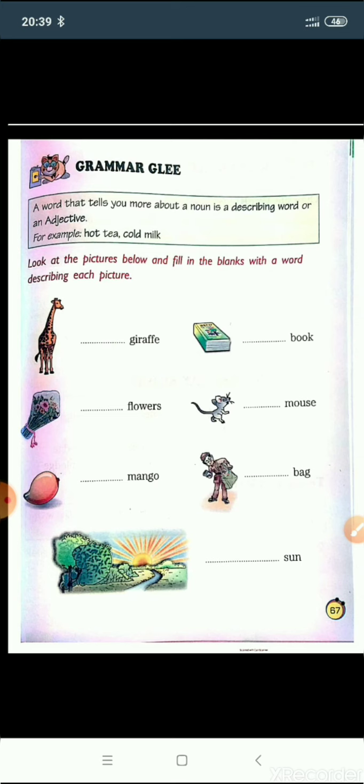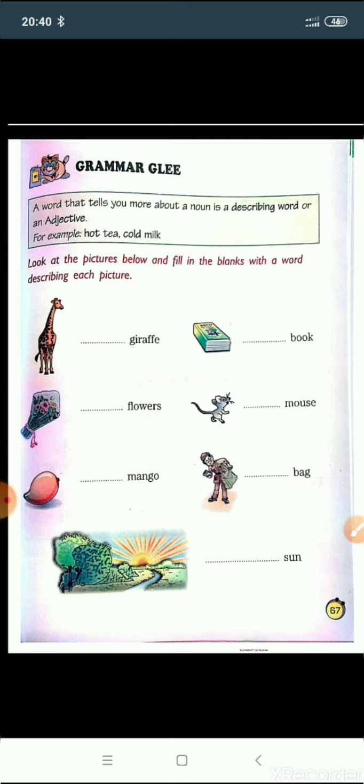They tell us something more about nouns, their color, size, number, shape, quality, quantity, etc. For example, when I say smart boy, here the describing word is smart, and it is describing the word boy. Boy is the noun. The word smart is the describing word.